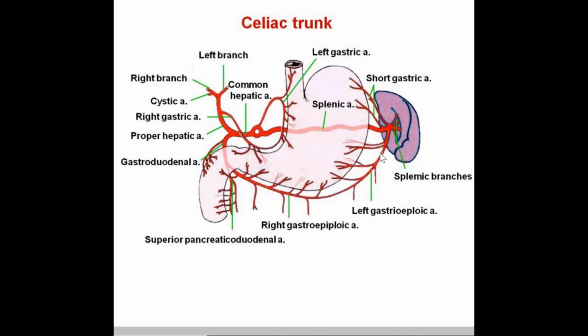So this one is from the splenic artery, and this one is coming from the gastroduodenal artery. The gastroduodenal artery is a branch of the common hepatic artery. So the gastroduodenal artery has the right gastroepiploic artery branch here, and the splenic artery has the left gastroepiploic artery here. They are meeting and covering the greater curvature of the stomach.